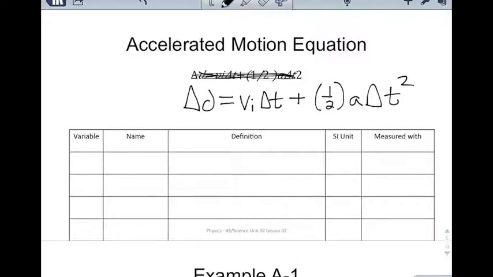Now, there are no new variables here, so we don't really have to go through these other than to say, delta D is displacement, which is measured in meters. We know that VI is initial velocity, measured in meters per second. We know that acceleration is meters per second squared, and we know that time is delta T, measured in seconds. You should be able to fill in all these from memory, and if you can't, you need to look back through your notes to make sure that you know them moving forward.